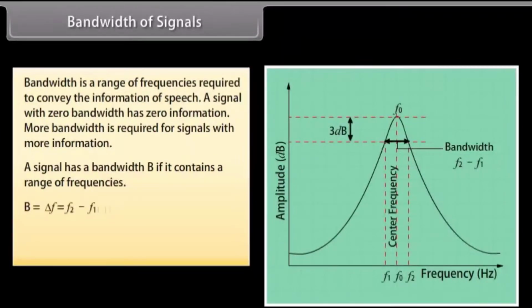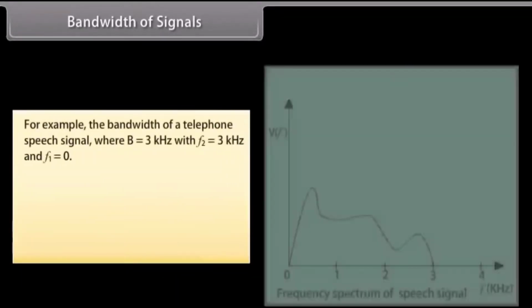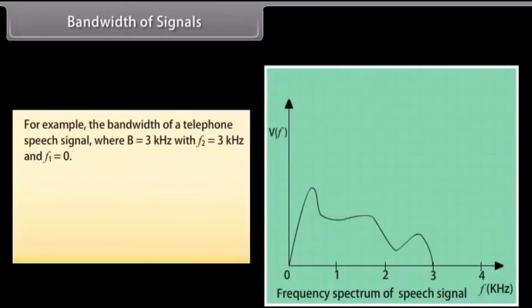B is equal to delta F is equal to F2 minus F1, where F2 is the highest and F1 is the lowest significant frequency of the signal. For example, the bandwidth of a telephone speech signal, where B is equal to 3 kHz, with F2 is equal to 3 kHz and F1 is equal to 0.